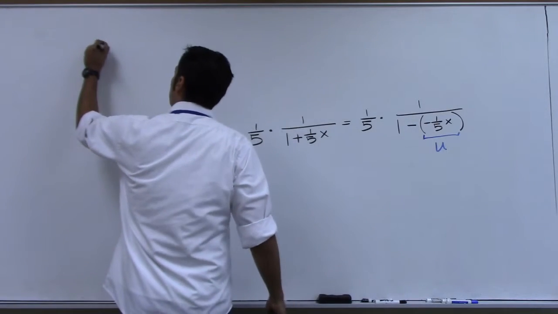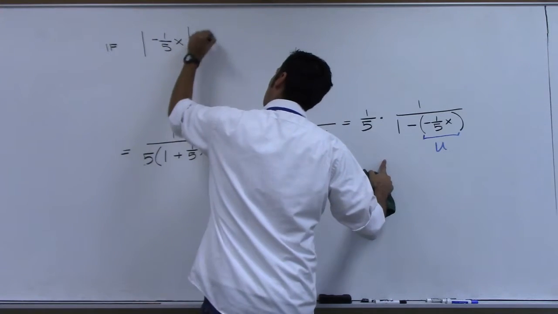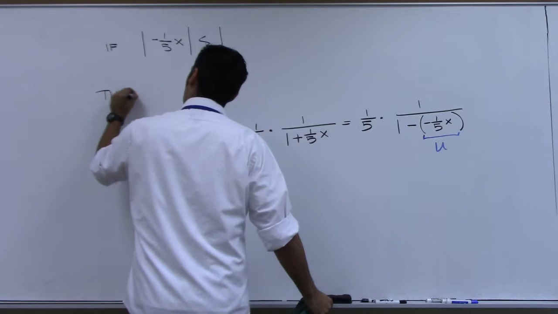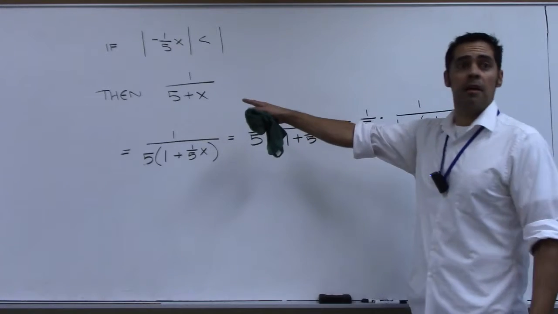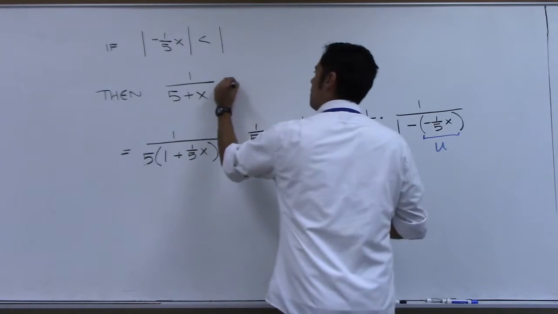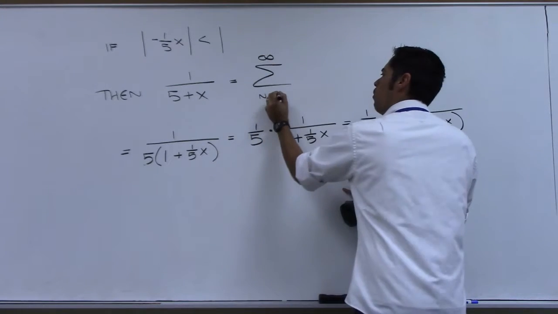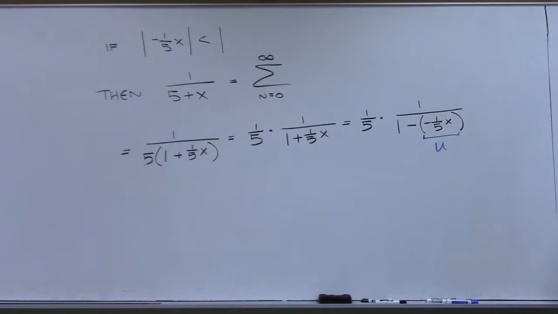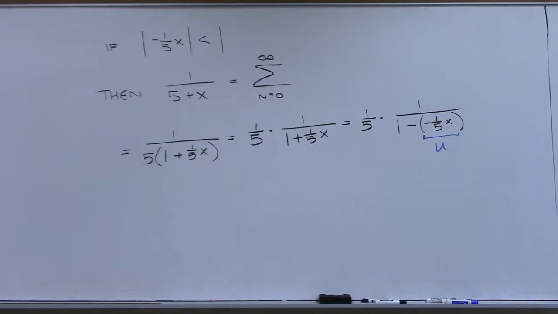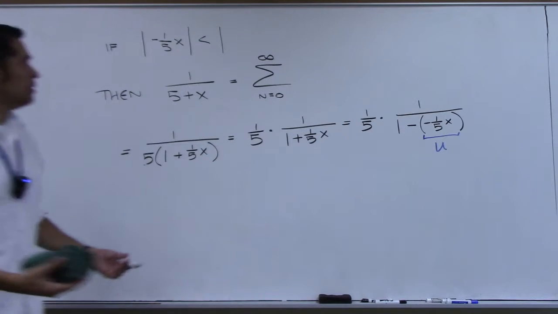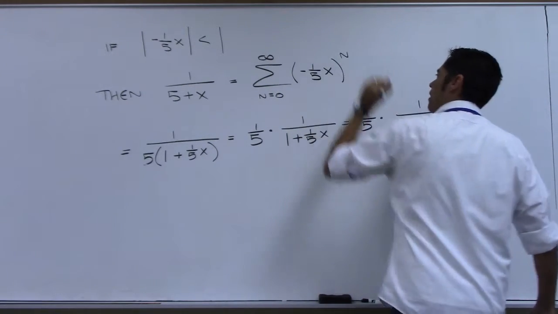So if the absolute value of negative 1/5 x is less than 1, then 1 over 5 plus x, which was the original function I was looking at, right, can be rewritten as a sum n equals 0 to infinity of what? Of what? U to the n. But what's u? Negative 1/5 x to the n. Do you agree?